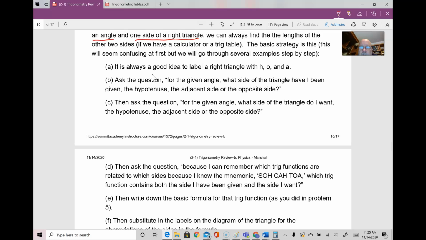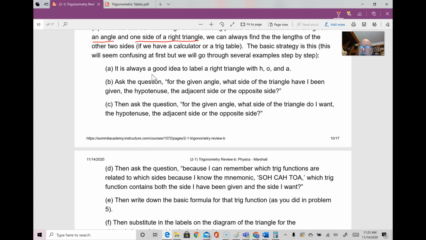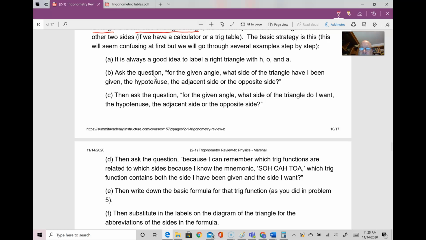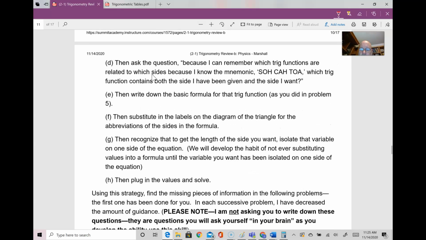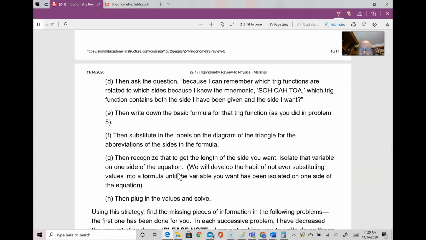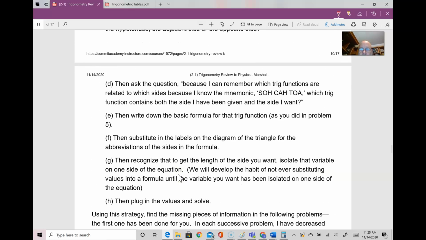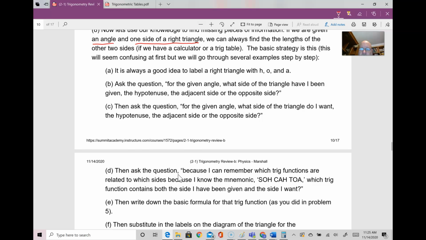If I have a side and an angle and I want to find another side, the first thing I'm always going to do is write down my hypotenuse, opposite, and adjacent. We'll go through this in an example in just a second, but let's walk through the strategy.